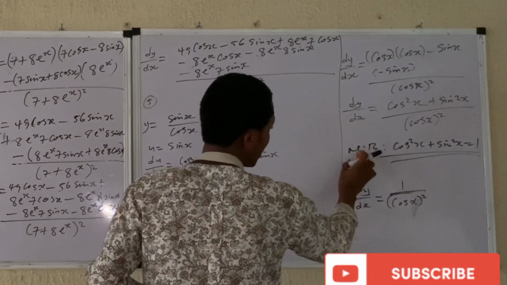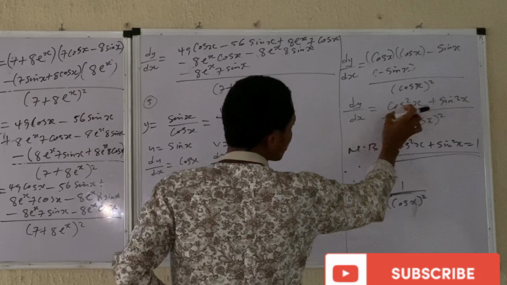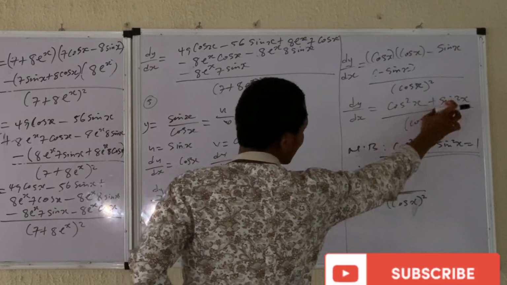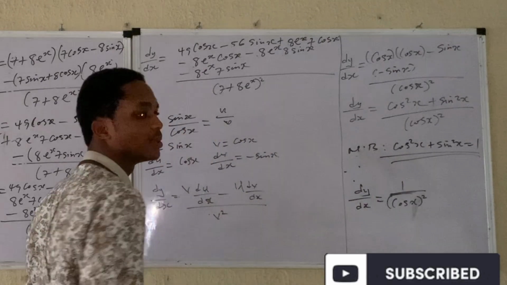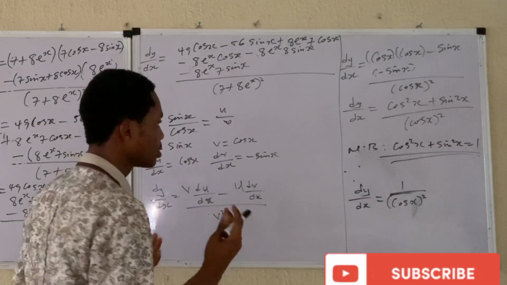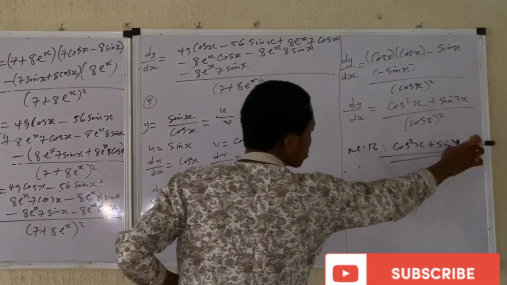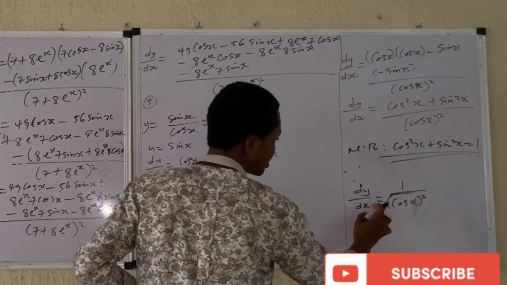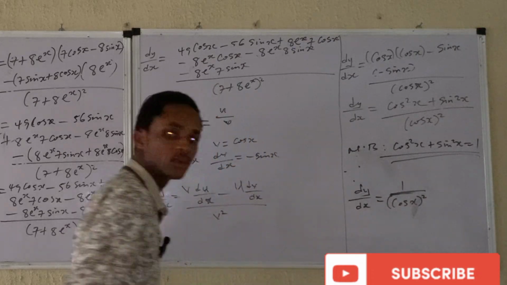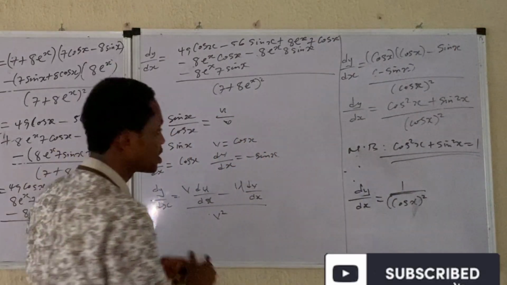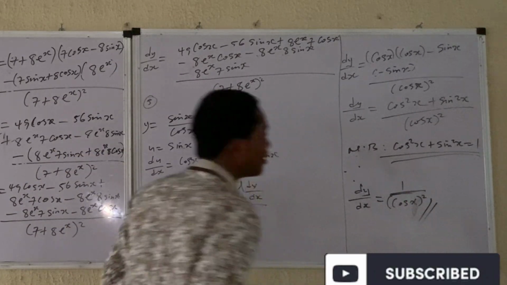Note that cos squared x plus sine squared x equals 1. This is a law in trig. So now since this will give us 1, therefore dy dx equals 1 all over cos x raised to the power of 2. So that is all for this one. This is now our final answer.